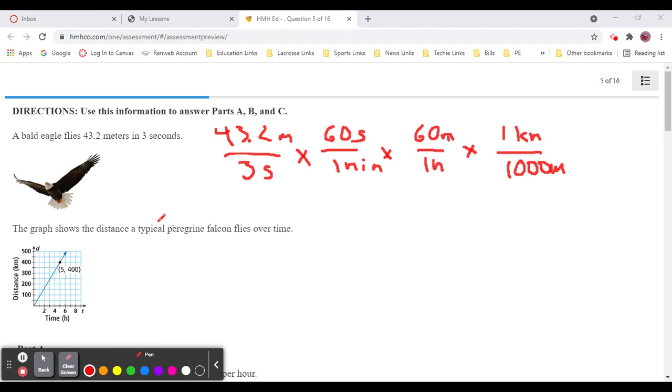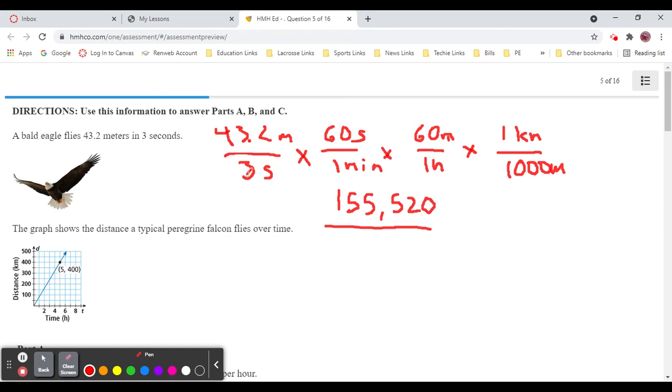Let's see. 43.2 times 60 times 60. So I have 155,520. I'm going to write that down. That's my numerator, the number on top. Essentially I multiplied 43.2, 60, and 60, and then 1.